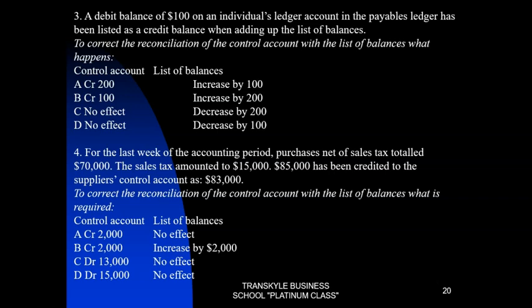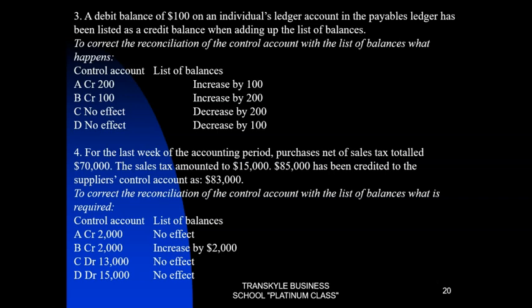To correct the reconciliation of the control account with the list of balances, what happens? So what will happen when we want to correct this issue?